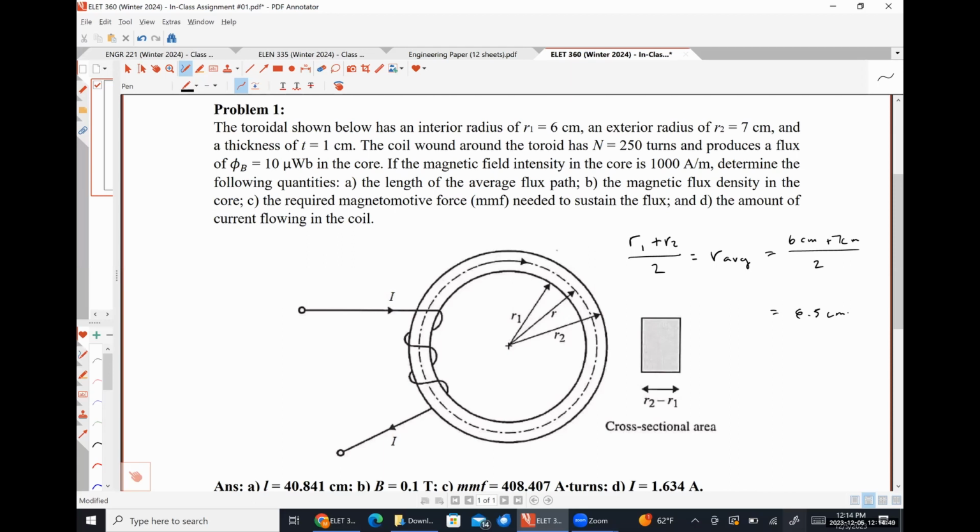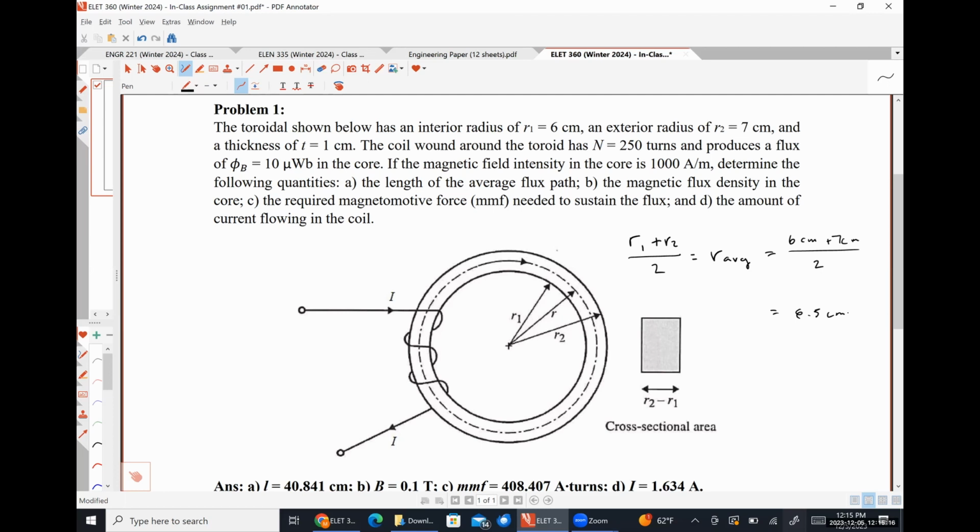So that's halfway inside of our toroidal coil. Now I need to determine the length of my average flux path. Well, we can see from our picture here that our flux path is circular. So how do I find the perimeter of a circle with a radius of 6.5 centimeters?